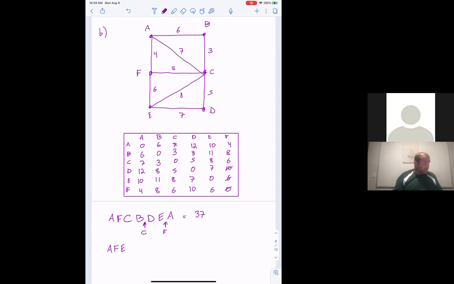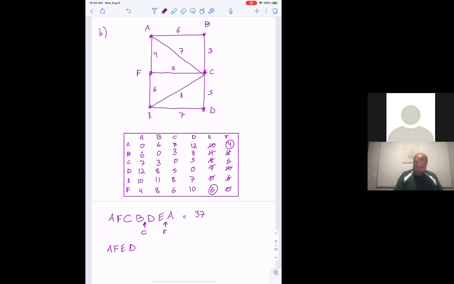Okay, well, let's take a look. So A to F. A to F was 4. And then we crossed out the rest of F's. And then F to E was 6. Crossed out the rest of the E's.